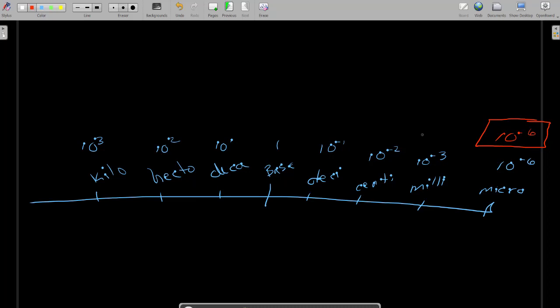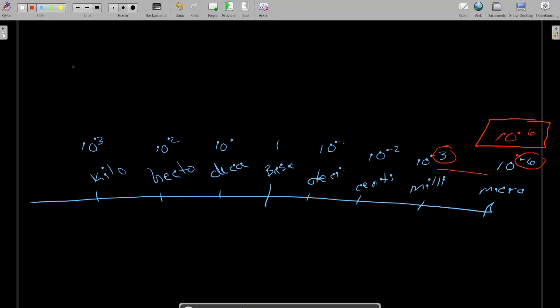It's important because that means it's not going to count as one decimal place move between here and here. It's going to count as 3 decimal place moves, because this is a 3 and this is a 6, and the difference of that is 3. So that's going to count as 3 decimal place moves just between here and here.